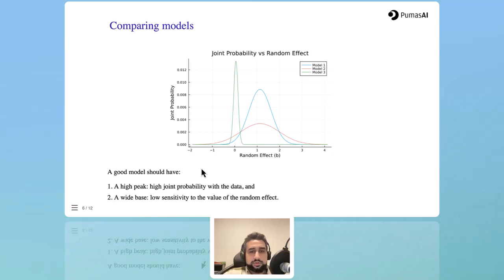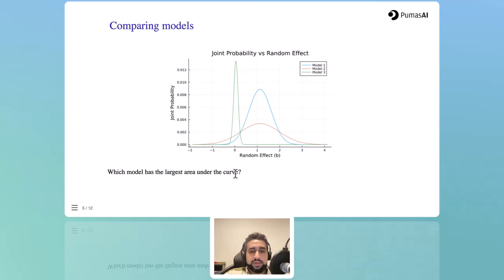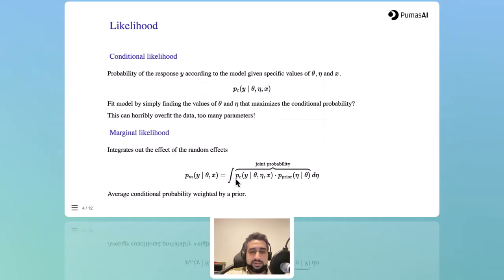Now, in general, a good model, or what we're looking for, is a model that has a high peak, which means that the best value of eta possible achieves a high joint probability of the parameters and the data. Assuming the prior is not too influential, that means we have a high likelihood. So this value here is quite high, but also the value should not be too far from the center of the prior.